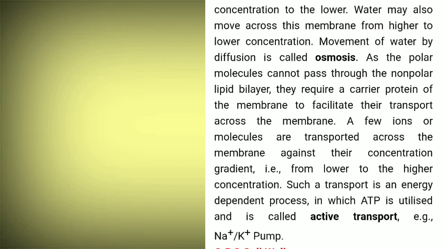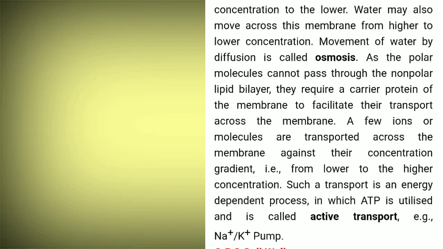As it goes against the concentration gradient, such a transport is an energy dependent process in which ATP is utilized, and it is called active transport. Example: the sodium and potassium pump that is present in the cell membrane of our cells.